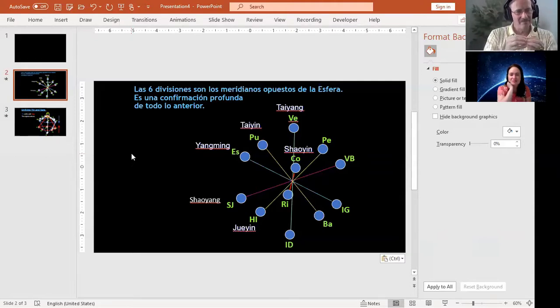But then why is one half of the meridian so different from the other half? And you begin to see in this spherical structure that there's like a polar opposite, and they're different, and they're separated, and between them are all of the other meridians. To really get from heart to kidney, you have to go through all of the other meridians to get there.